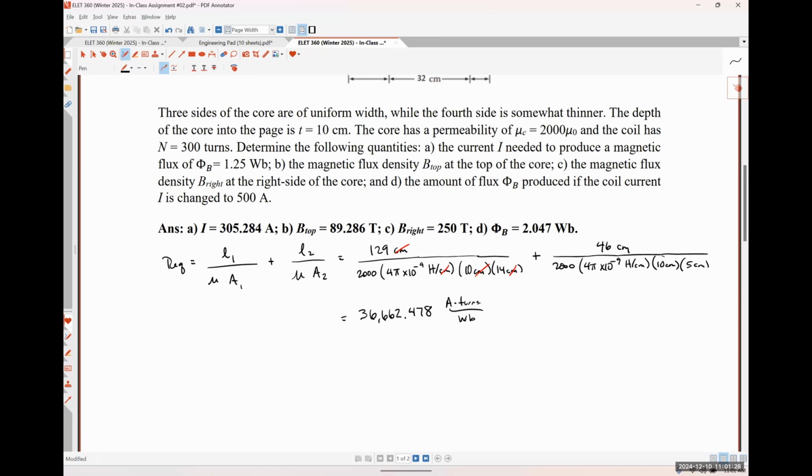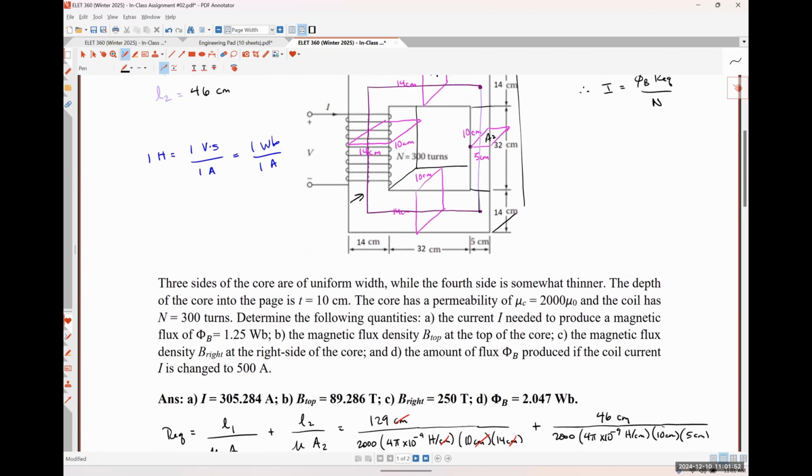So 36,662.478 amp turns per Weber. Now, I know that you guys don't actually have any frame of reference for this, but this is not a particularly large reluctance, okay? So the amps comes from the fact that we have 1 over amps and we're flipping that over. The turns, the best explanation that I can give you is we've got a coil that's supplying our thing.